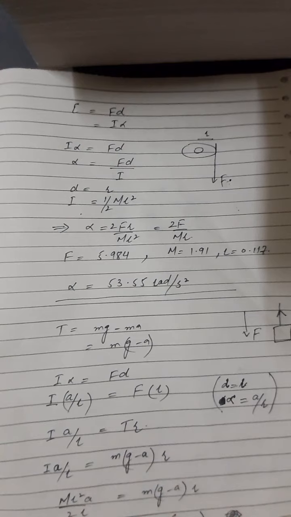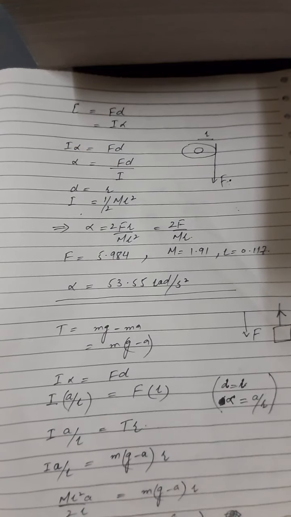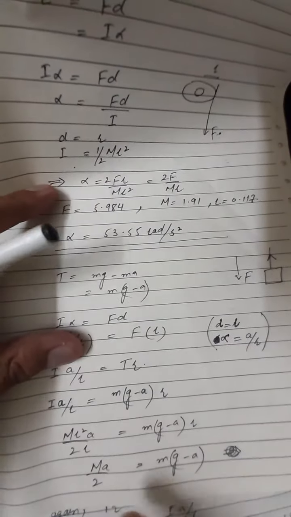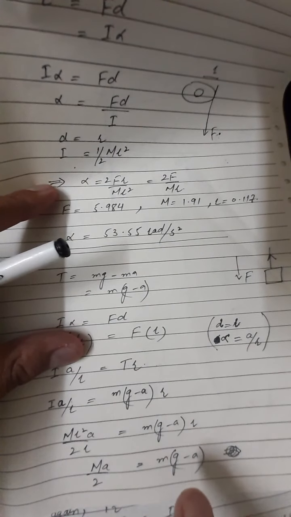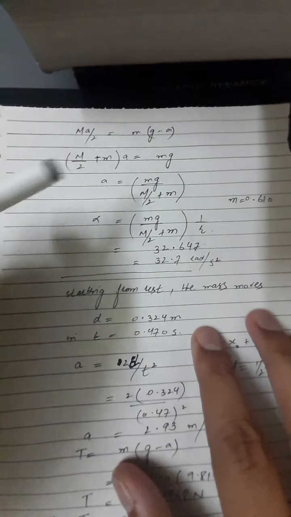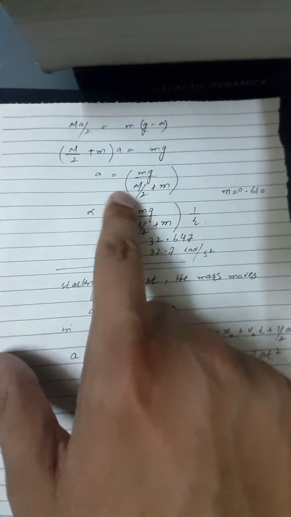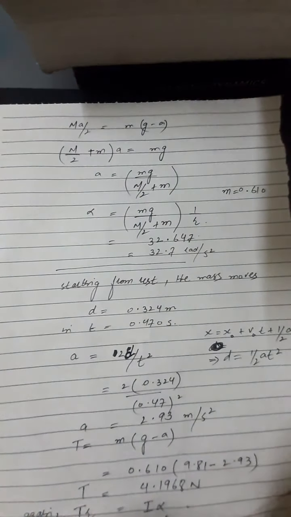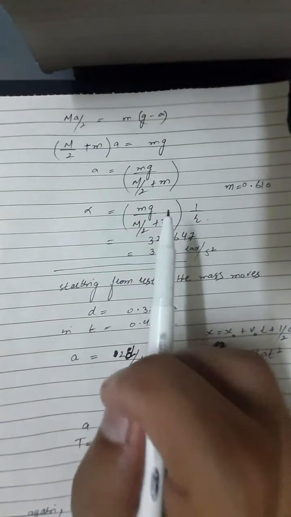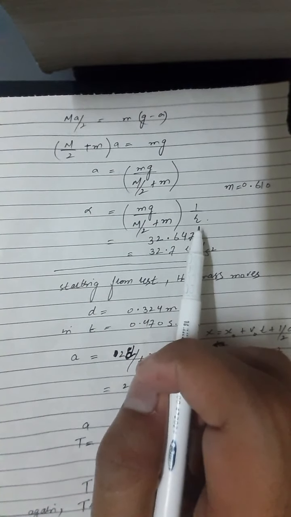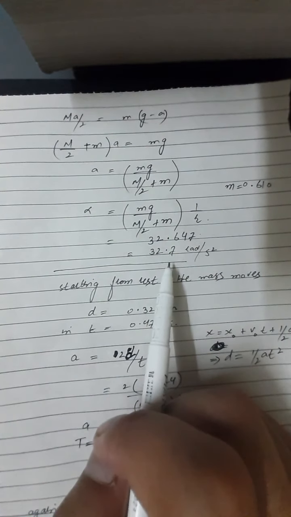Now just manipulating the sides, we arrive at this equation, m over 2 times g minus a, or as I put it here. And solving for a, you get this, and then again alpha is just a over r, so I've just divided by r here, and then plugging in the values, you get this, as you have done so.